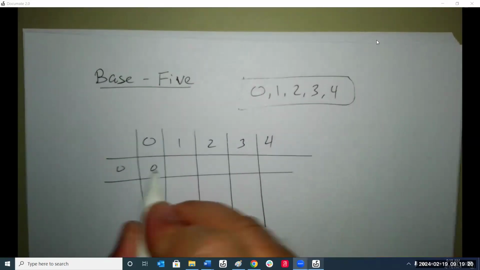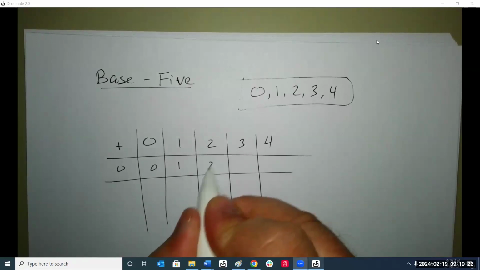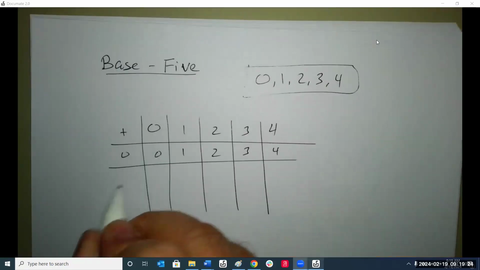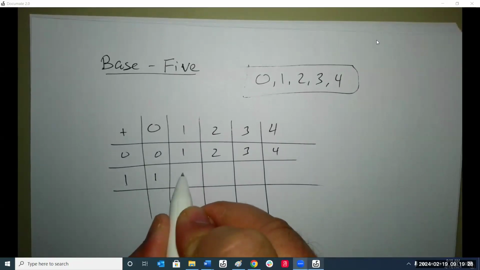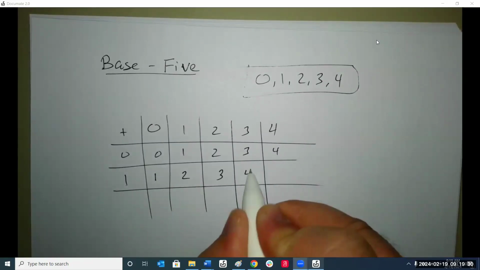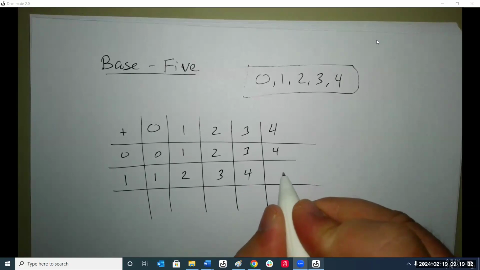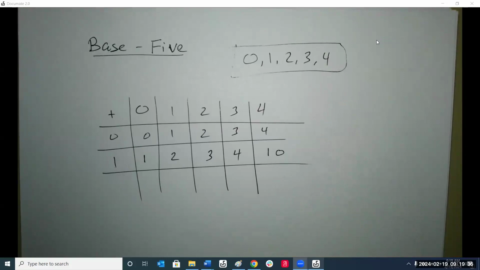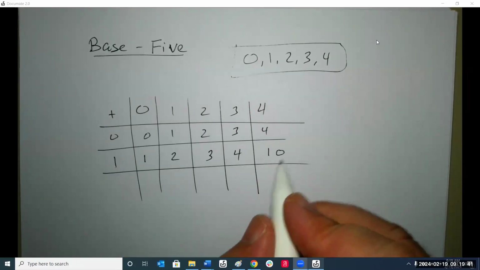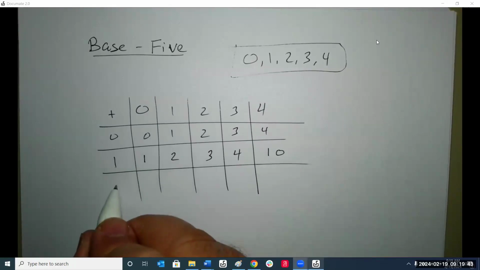So 0 plus 0, this is addition. 1 plus 0 is 1, 2, 3, 4. Now, once you get to this point, we have no more ones. We jump into the next column. This doesn't mean 10. That's 10 in base 10. This is 1, 0.